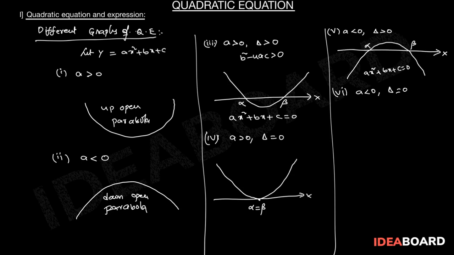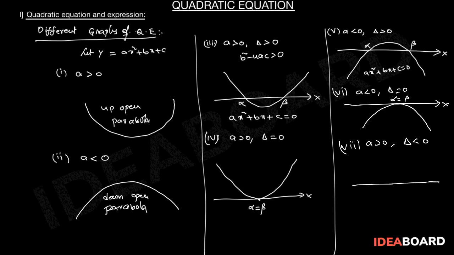The curve represents a downwards parabola and touches the x-axis at a point, that is, the x-axis is the tangent of the curve. And seventh one is if a is greater than 0, delta less than 0, that means the curve is an upwards parabola above the x-axis number line, that means the curve has no real roots.